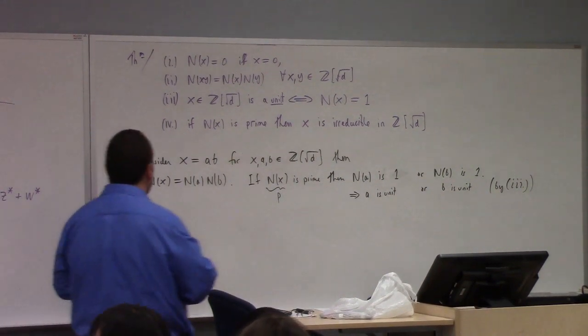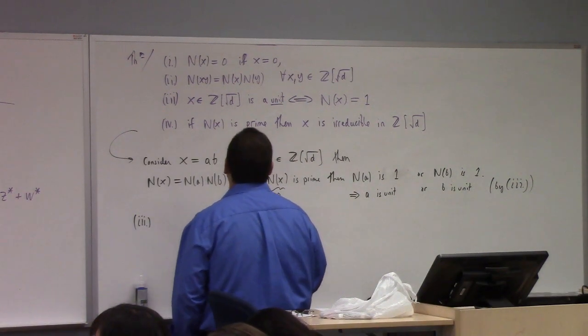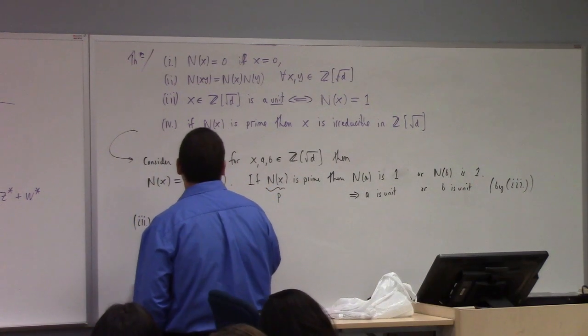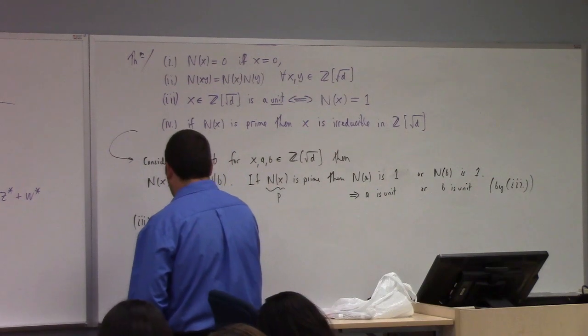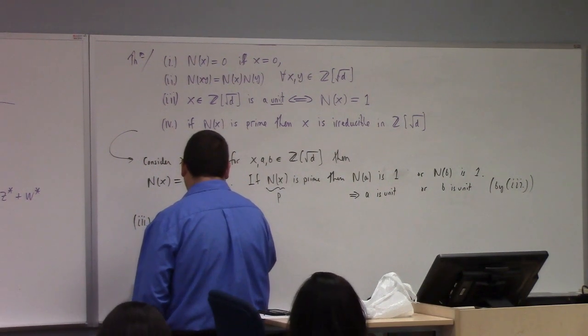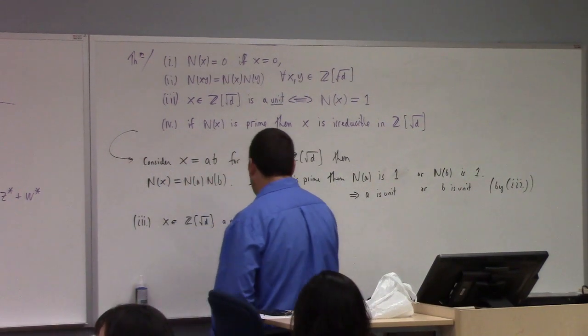Now to prove 3, how will we do that? What are we supposed to do? A unit, right? x in Z adjoin square root of d, a unit, implies what?